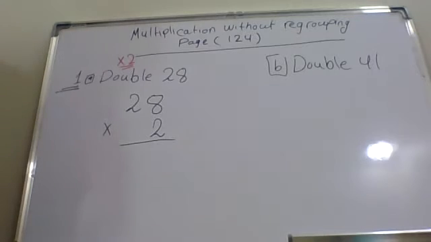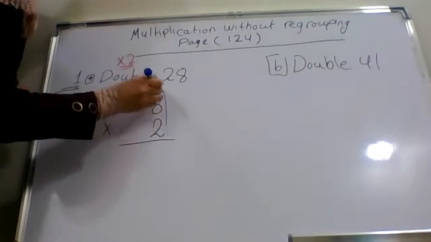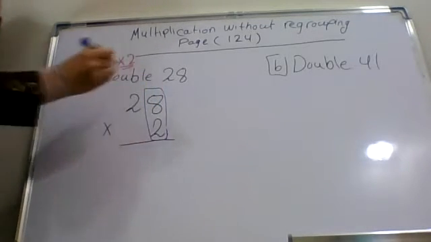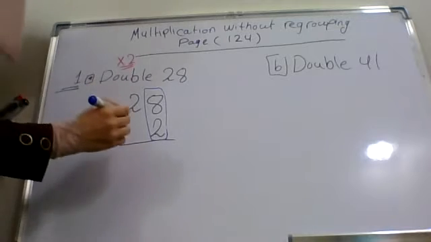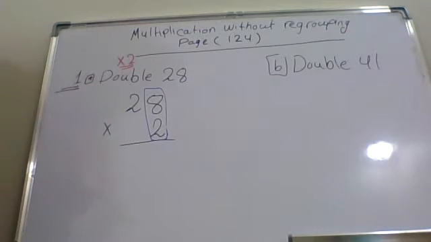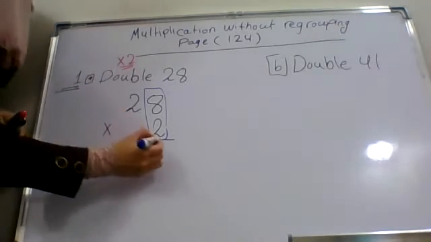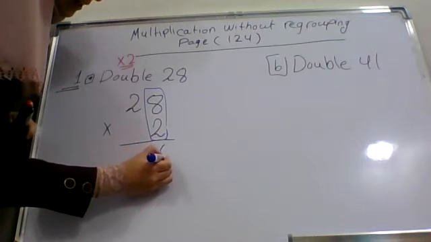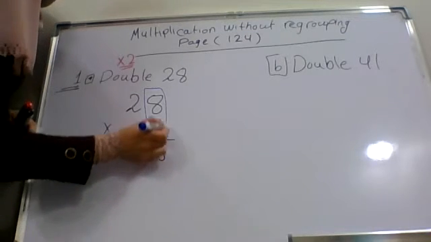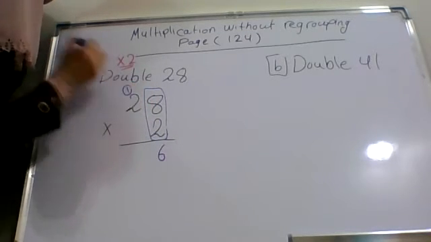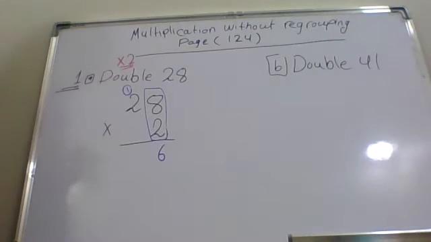First, we multiply the ones place. 2 times 8 equals 16. I will write the 6 here, and the 10 I will carry over to the tens place, okay?